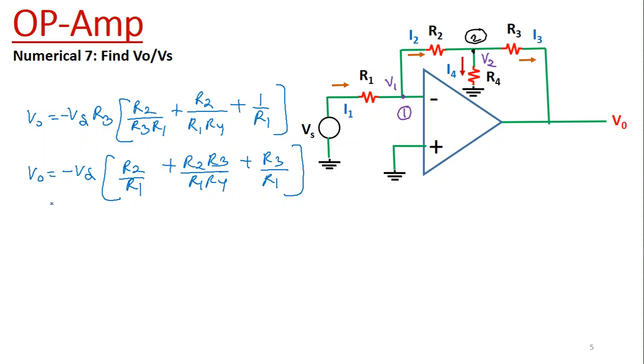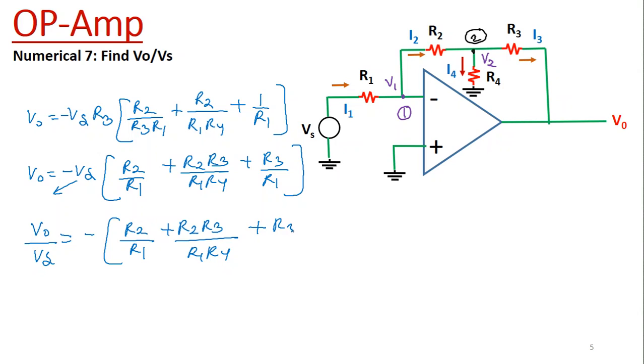Now we have to find out V0 upon Vs. So we move this to the denominator, so V0 by Vs we will get minus of R2 by R1 plus R2 R3 divided by R1 R4 plus R3 by R1, with the negative sign outside. So this is the equation which we are getting.